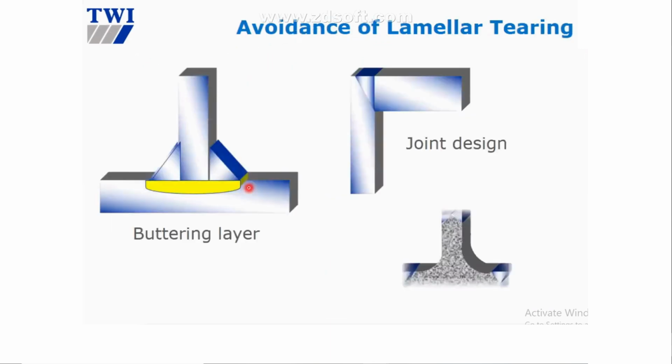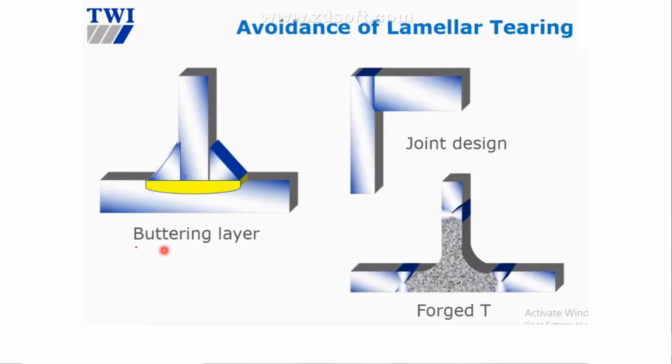So how to avoid lamellar tearing? Maybe we do buttering. Buttering means we weld with a soft ductile electrode at this point. All right, soft ductile electrode. And change your design.